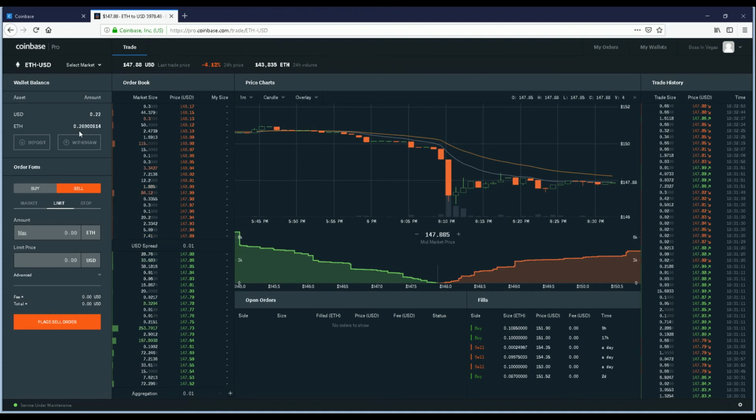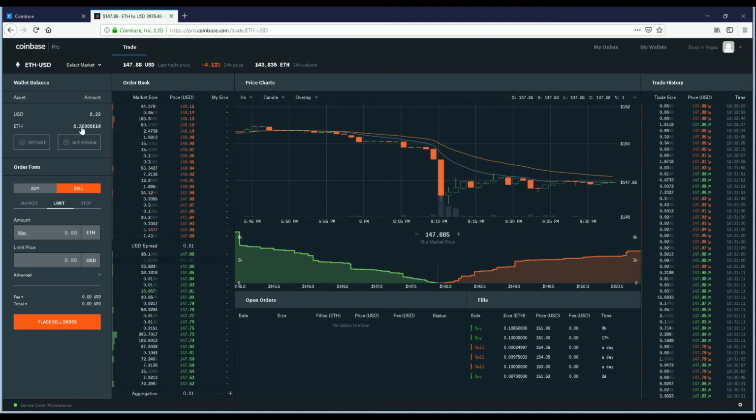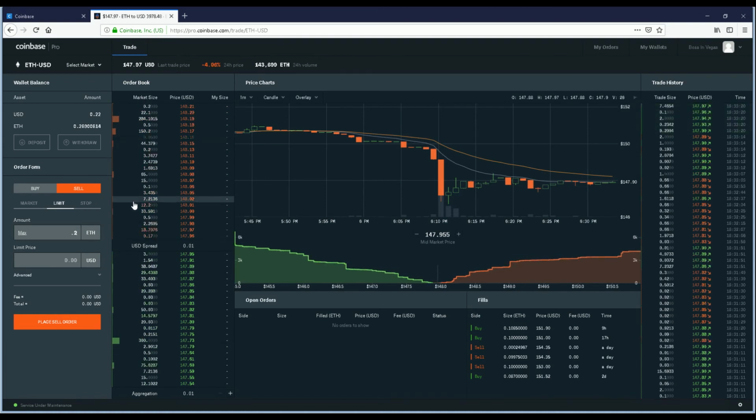Let's say this is how much Ether I own, almost 0.3 of one. That's like $40 worth or whatever it is. If I wanted to sell all of it, you type in how much you own, but you don't have to. Let's just make it simple: this is your 0.2, and I own 0.26.